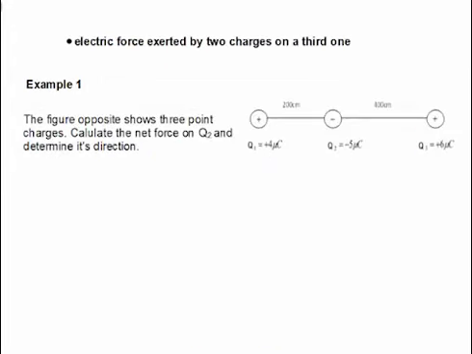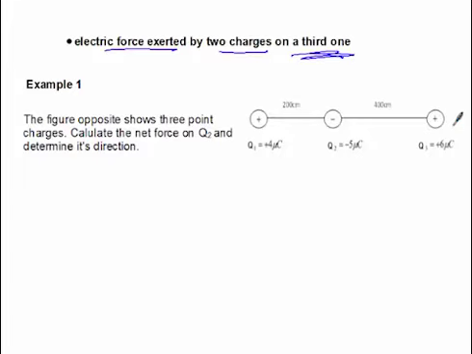Now we are going to calculate the electric force exerted by two charges on a third one. So you have three charges, and two are exerting forces on a third one. All are on the same line. Let us do this example.